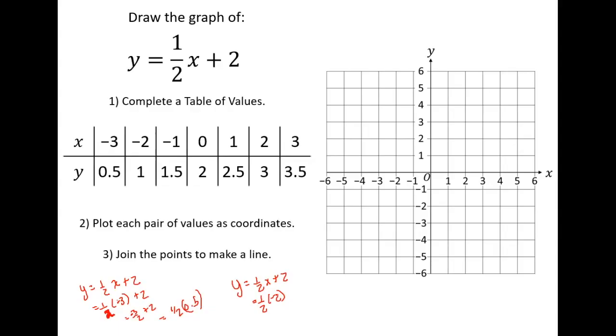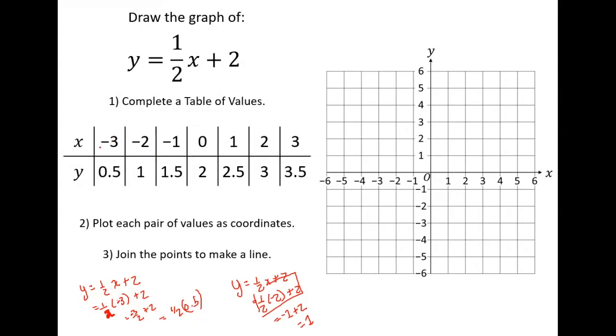So you can use your calculator again, but that's going to give you -2/2, which is -1 plus 2, which gives you 1. But again, you could punch it into your calculator right from this step, and it will give you that 1. And then you can do the same thing for -1, which will give you -1/2 plus 2, which gives you 1.5, and so on. So these are all just using your calculators.